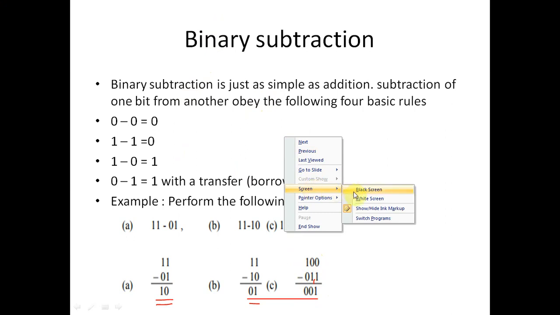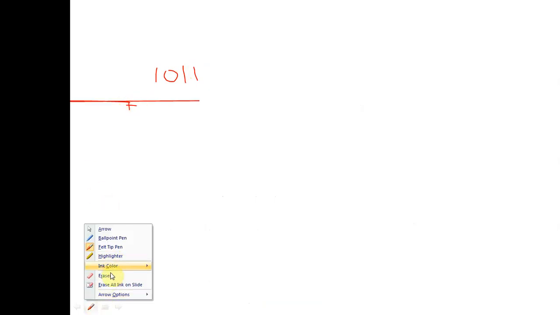Now see, again I am taking an example. Add 1 0 1 1 plus 1 0 0 1. This is how I am adding. 1 plus 1, sum 0 with carry 1.